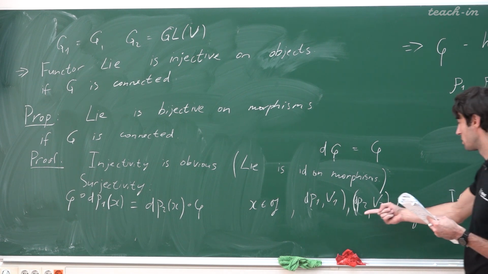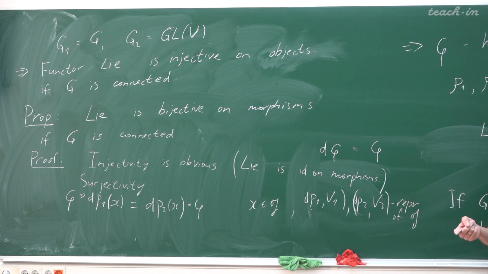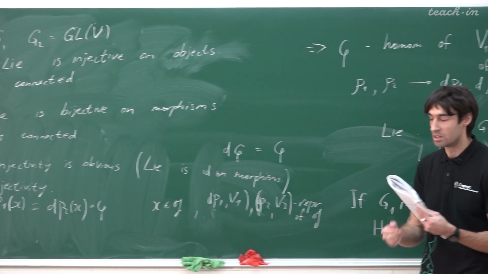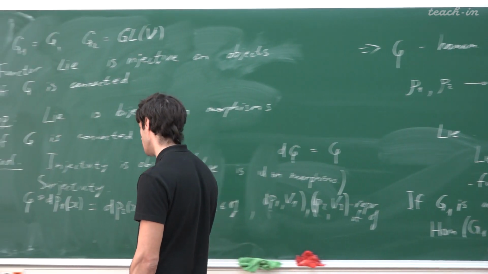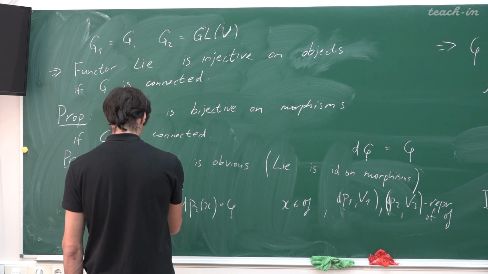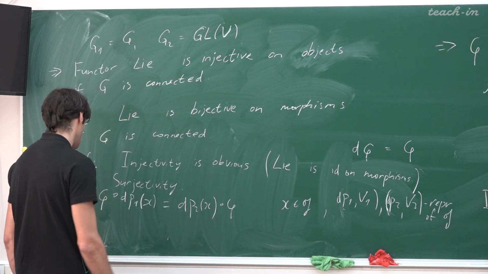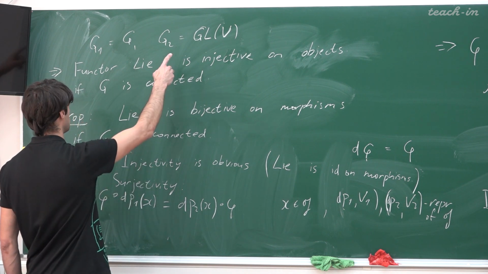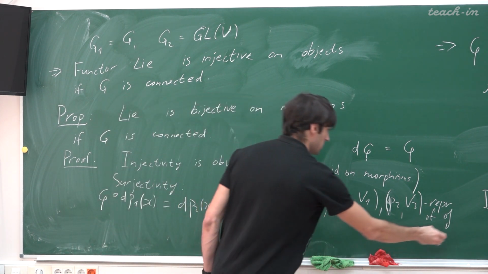I really want this object to be in the image of my functor. So phi satisfies this property, which means it is a morphism in the category of representations of G.